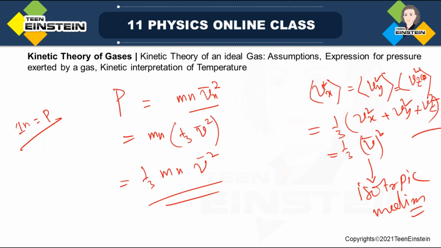Sorry, this is another density, the mass density. Mass density means mass by volume, that we know.